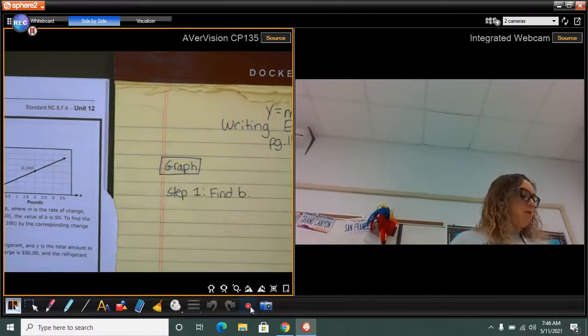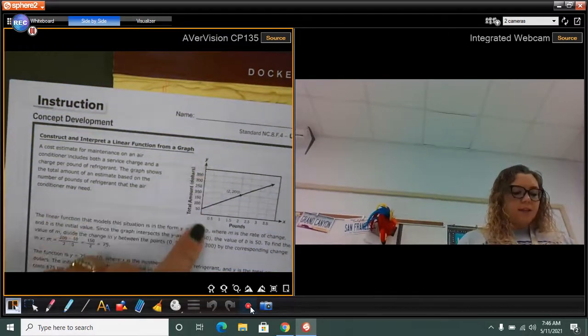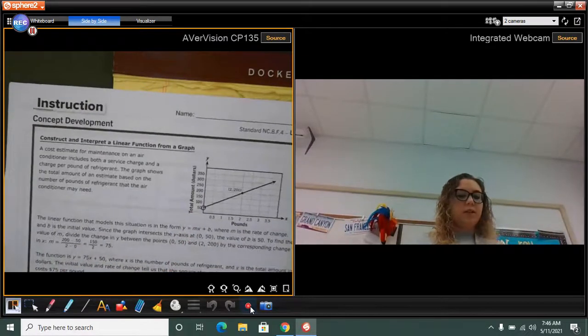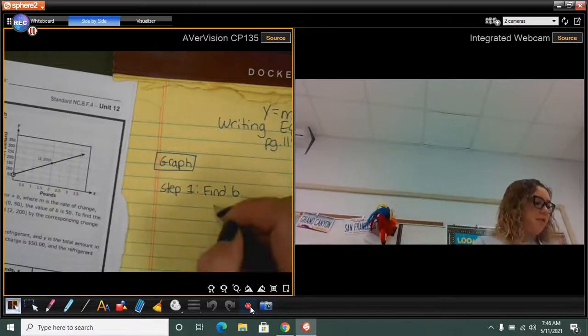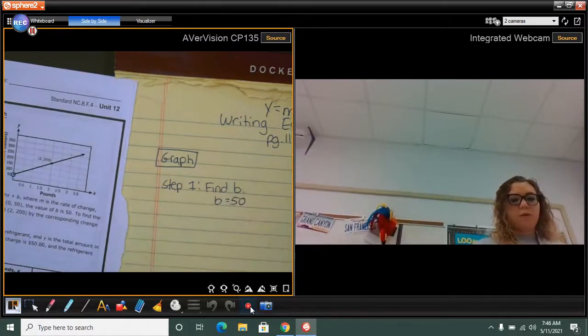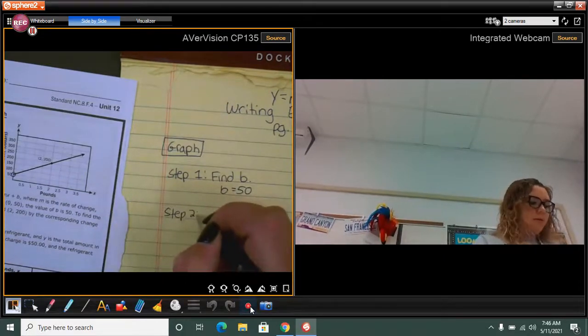Where does it cross the y-axis? So let's look. Here's your y-axis, and it crosses at this point right here, which is 50. So 50 is going to be your y-intercept. Step 2, find your slope.